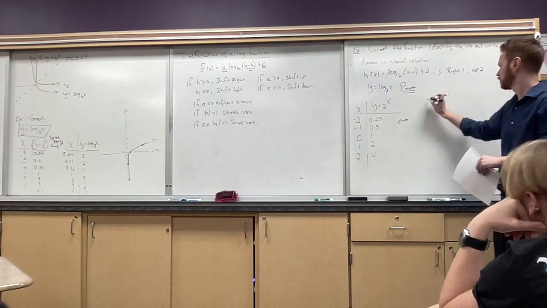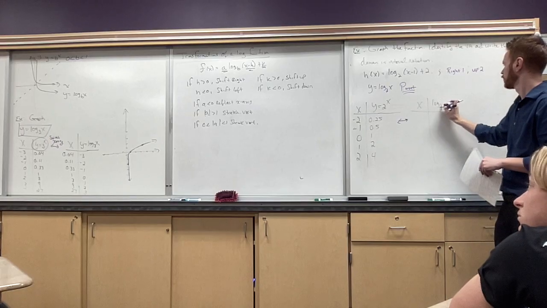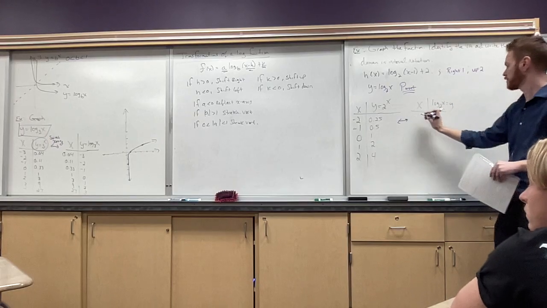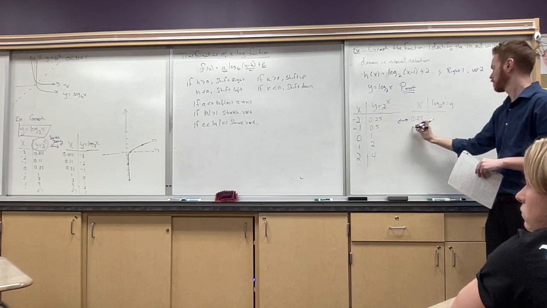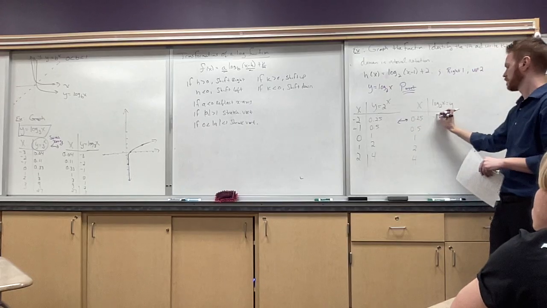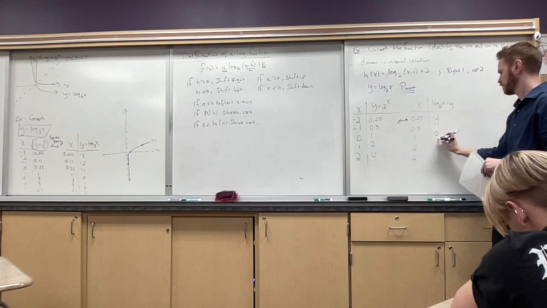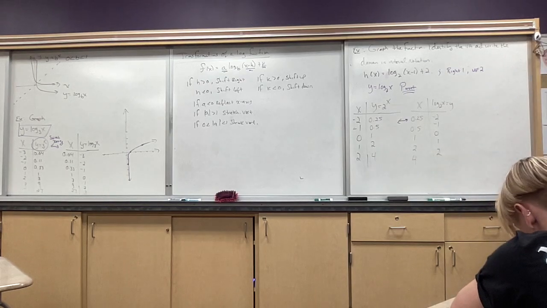So now, to get my log table, I'm going to switch these. Just like that. And that's, honestly, the process you're going to do every single time to graph this.